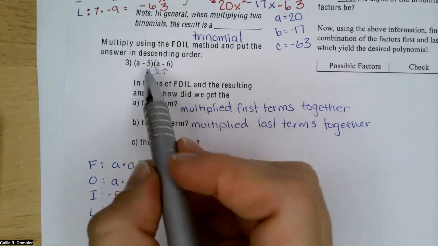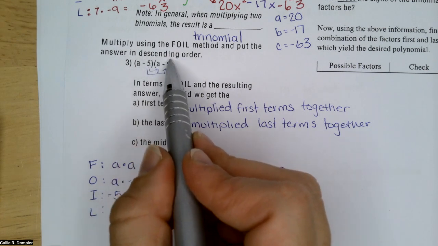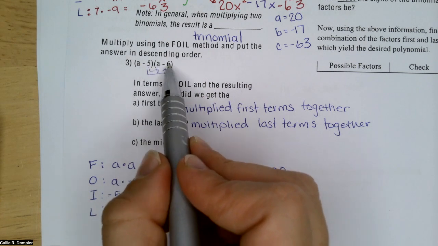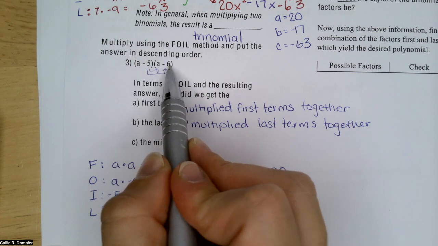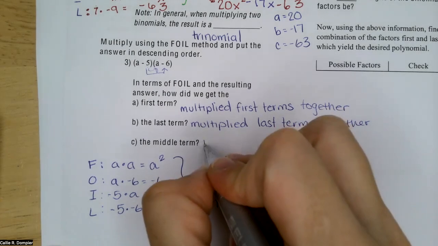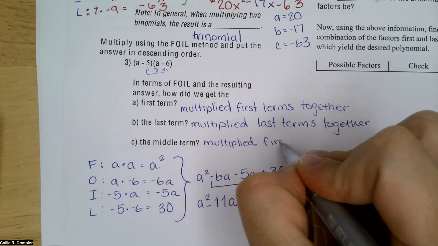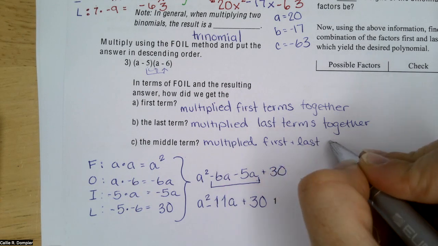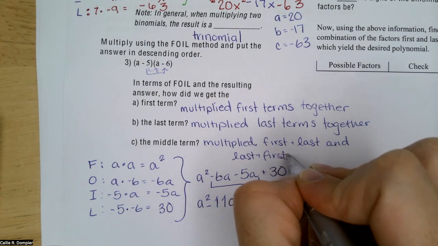And the middle term, this one was hard, right? The middle term, we multiplied this one times this one and this one times this one, right? The middle term was we multiplied first and last and first, and added them.